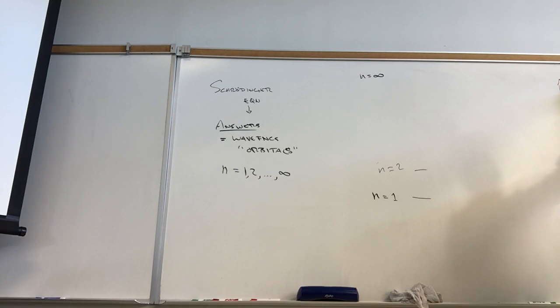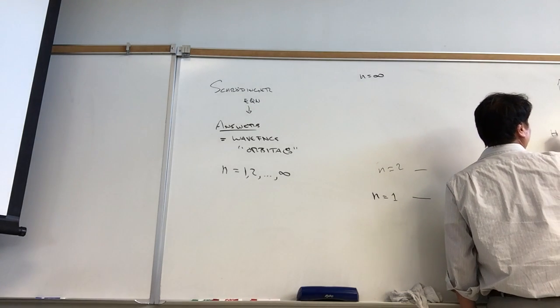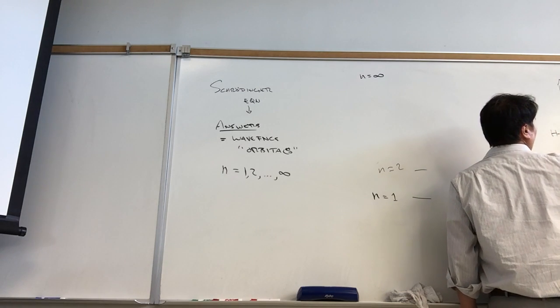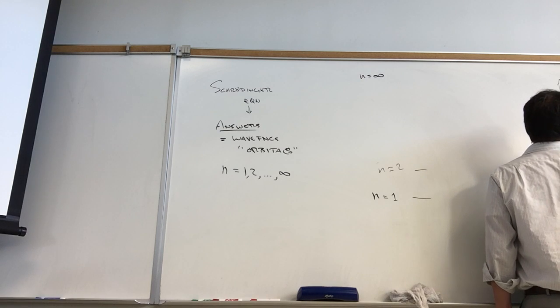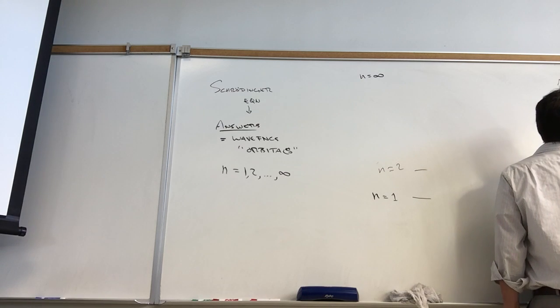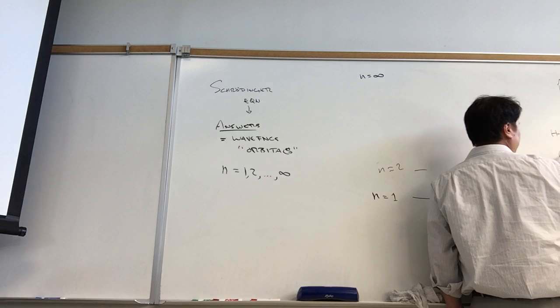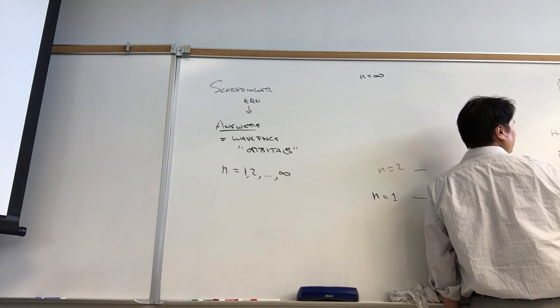In fact, when we come up with the answers to the Schrodinger equation, it looks like this. H-hat psi is equal to E psi. And so when we come up with the answers, they are going to be here: the orbitals and the energy. For the hydrogen atom and one-electron species, we'll see that the energy just depends on one thing, and that's n.